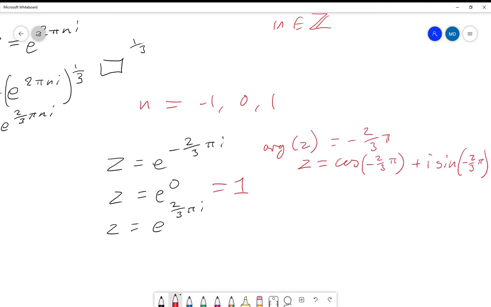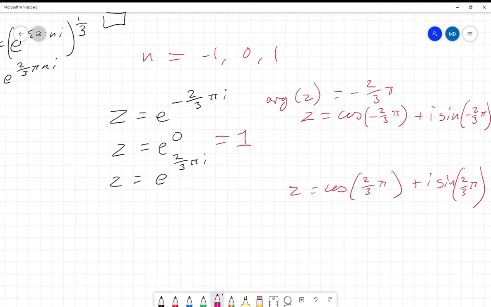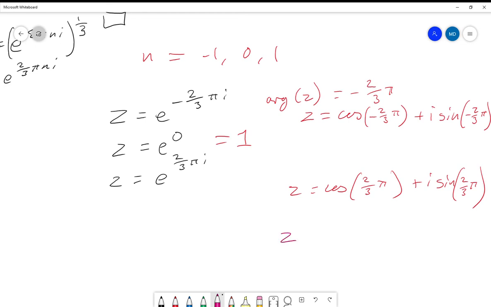Equally for the third one, we get z is equal to cosine of 2/3 pi plus i sine of 2/3 pi. And these aren't too difficult to work out. You can do them whatever way you feel is appropriate, but obviously just stick them in a calculator and you can pretty much get your answer. Often you can just leave it this way. Often they'll accept that as an appropriate answer.